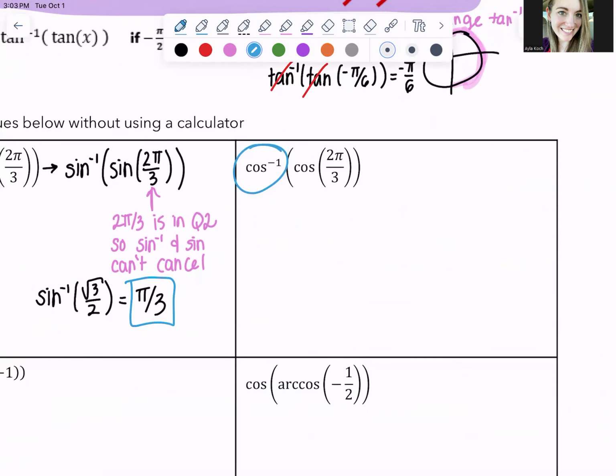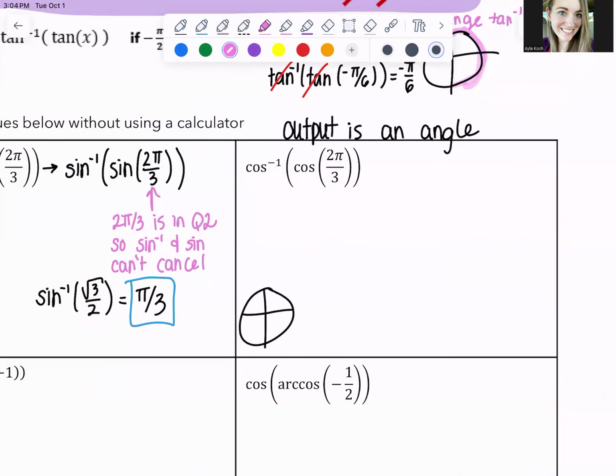This next one, cosine inverse is on the outside, so I know that this is outputting an angle, and it needs to obey the range of cosine inverse.